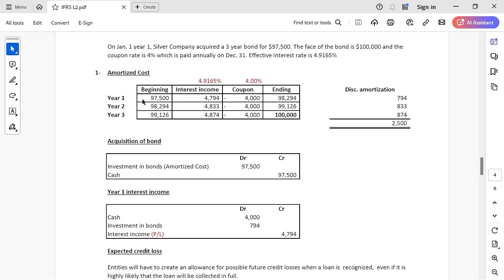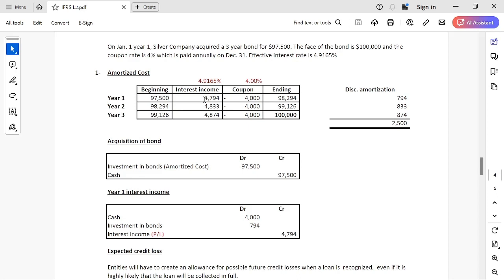So I assume most of you are familiar with this four-column approach that's used mainly to calculate the value according to the amortized cost method. But it's going to be hopefully pretty straightforward. This is bought at 97,500. This is what we paid to acquire the bond, the investment.